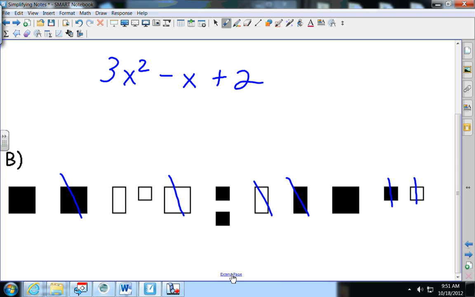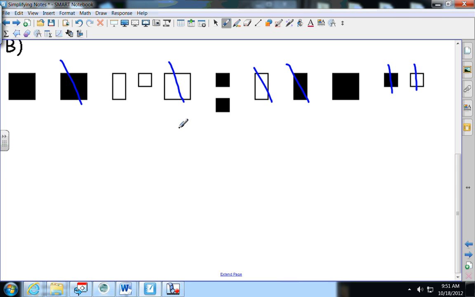Am I missing any? I have a positive 1 and a negative 1. What about now? No? Okay, I've got negative 2 x squareds. Then I have 1 plus 1x. The other thing I have is this negative unit right there, which is minus 1. That is my simplified answer.